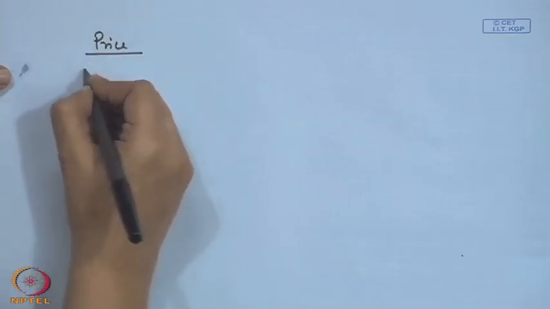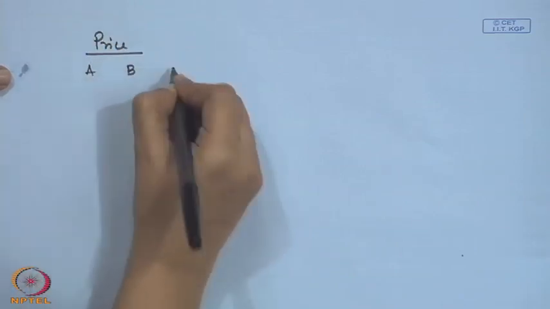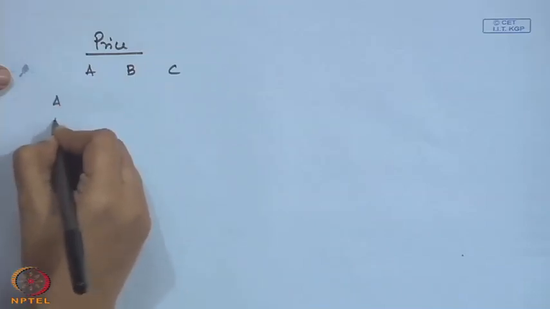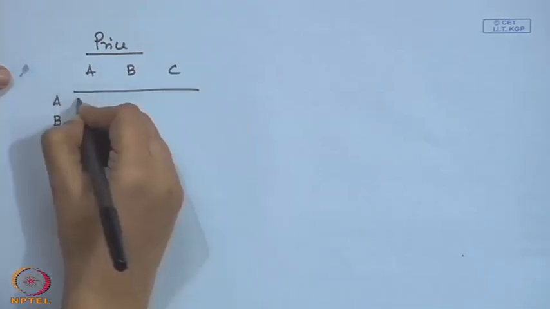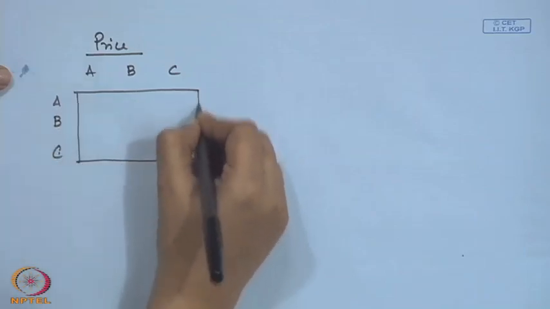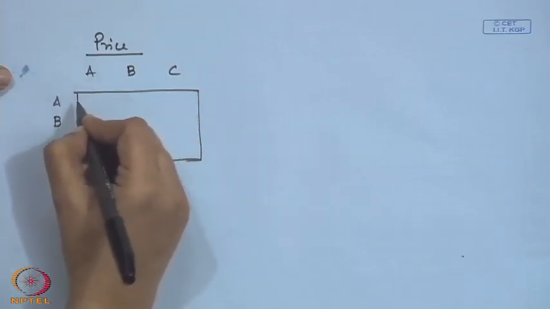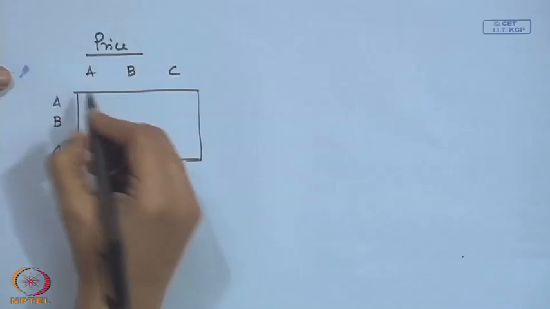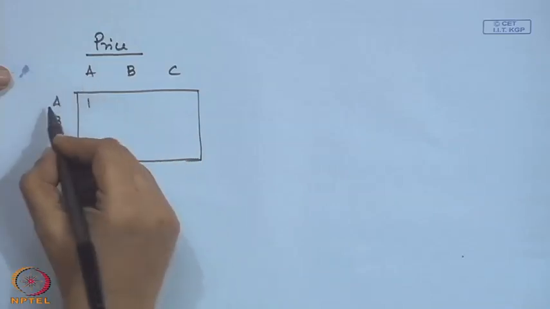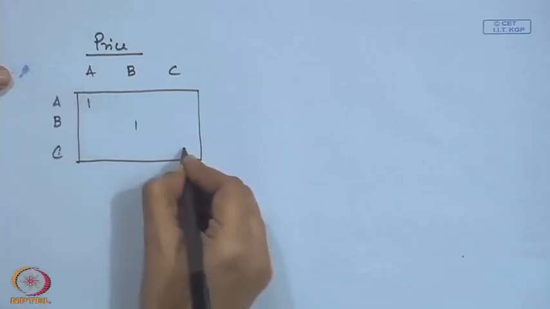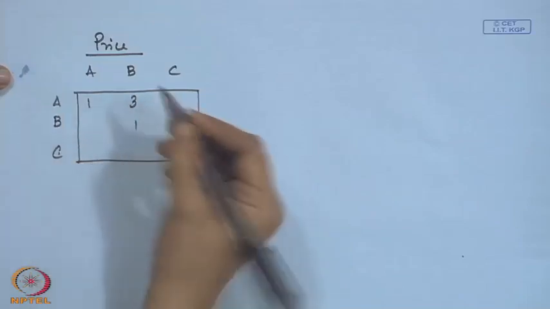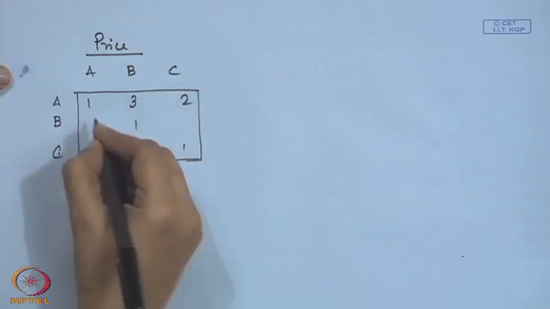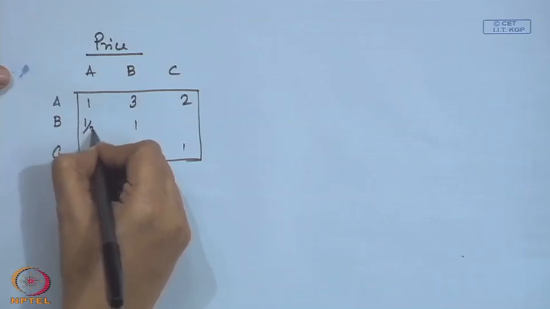With respect to price, since we are considering A with respect to A, always the diagonal elements will be 1, and this is 3, it is given to us, this is 2, this is certainly 1 by 3.